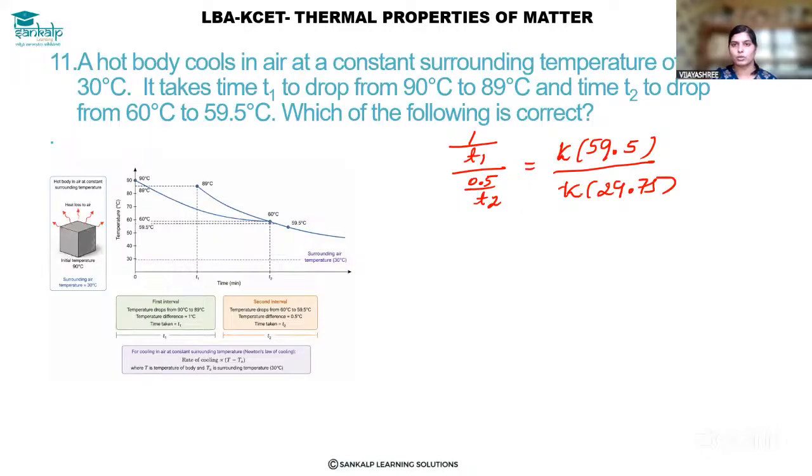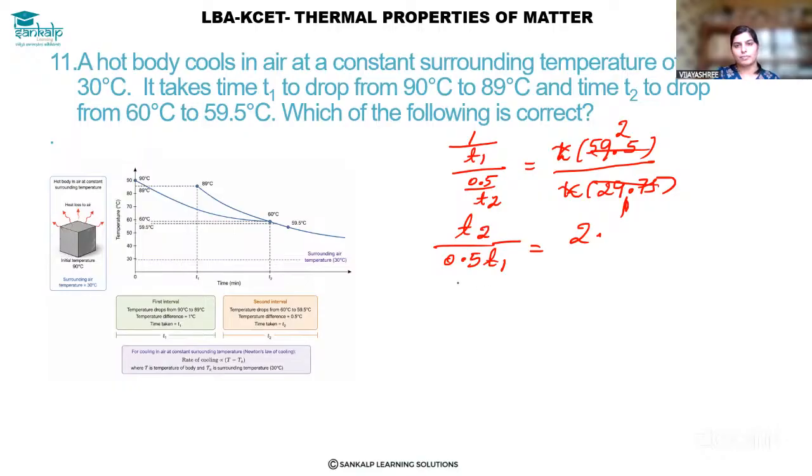So now cancel the common terms, K gets cancelled. What can we write? Simplifying, T2 divided by 0.5 into T1, which is equal to how much? It is 29.75 ones are 29.75, twos, which is equal to 2, right?